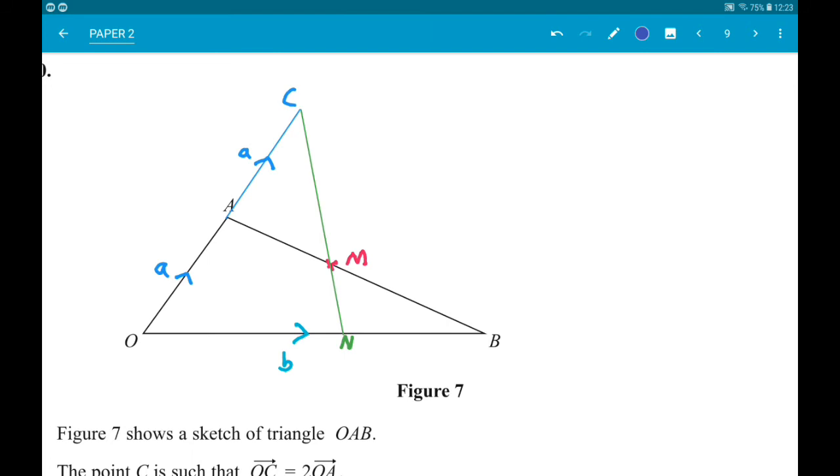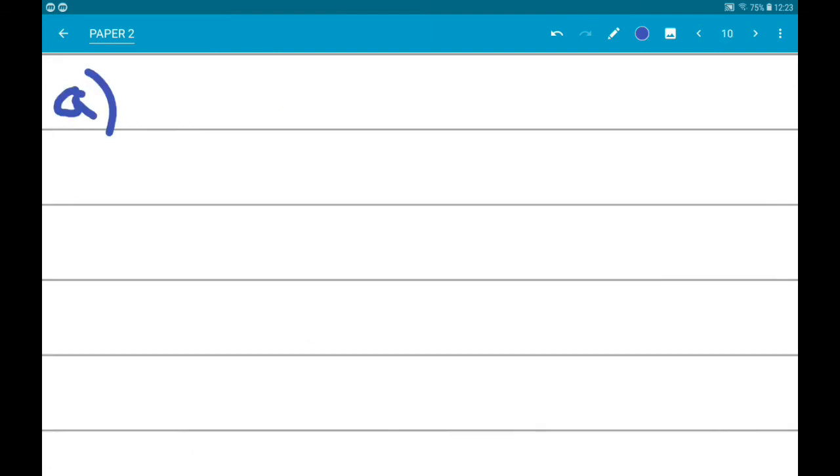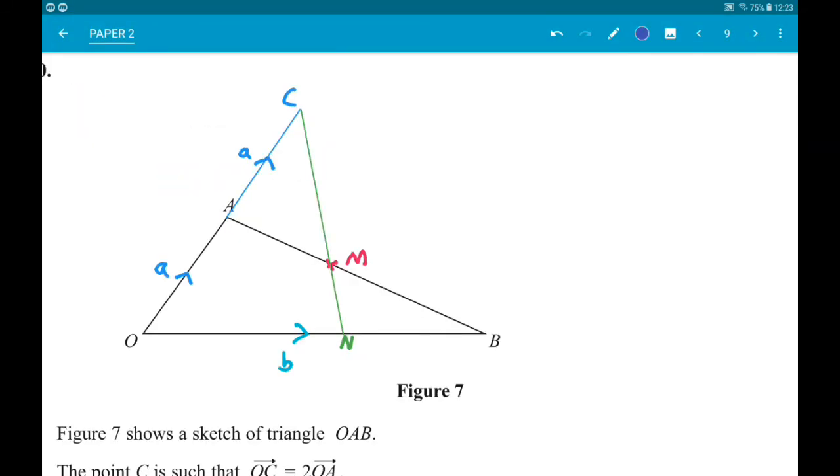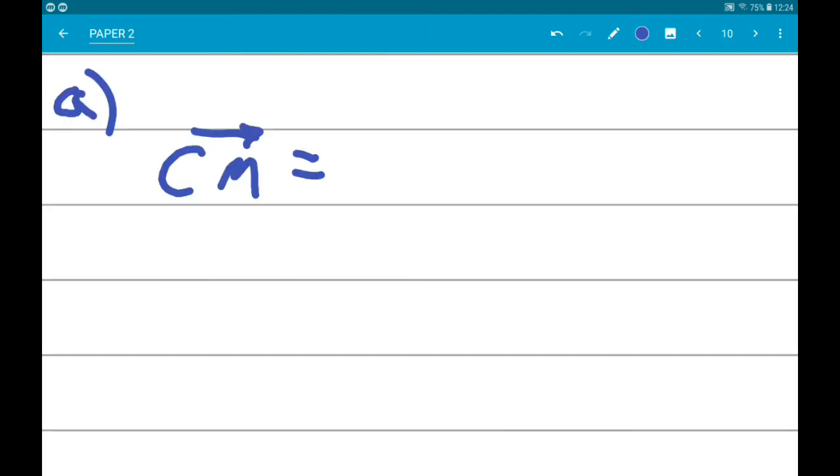So, part A, we want to get from C to M. For that, we are going to need to go from C to A and then halfway from A to B. So we have CA add 1/2 AB.